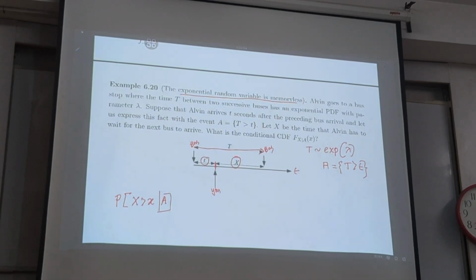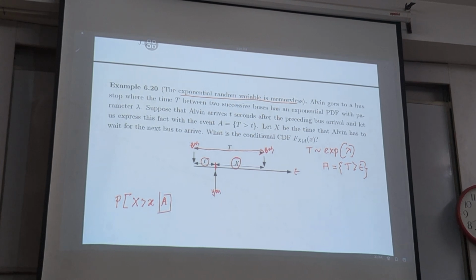Actually, now just consider that as soon as the last bus left, one of your friends arrived at the bus stop and you arrived 2 minutes later. Both of you will catch the same bus. So when you arrive there, you and your friend are waiting for the same bus. So the remaining waiting time for both of you is the same, right? And the probability should be the same, that after 10 minutes you will catch the bus. So this probability should be the same for both of you.